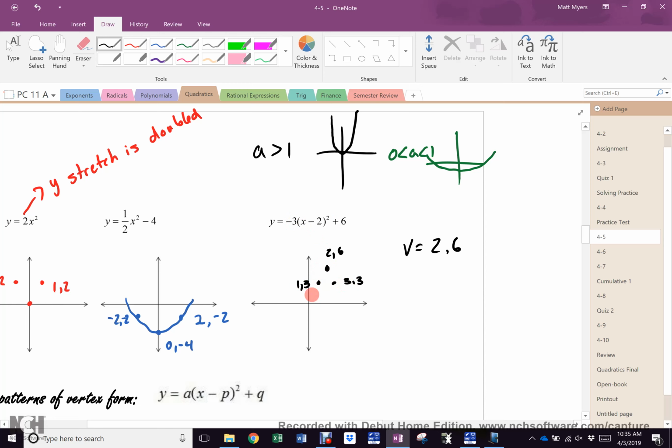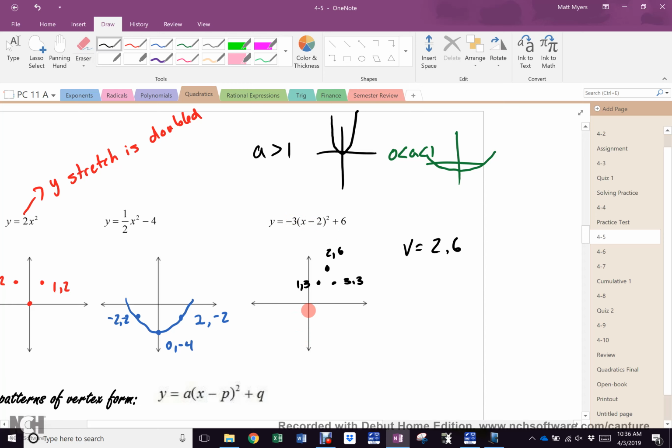What's my fourth point? 0 and what? -3. Is that correct? It should have been over 2 and down how far? 4, right? But that 4 has been tripled. So it should have been over 2 and down 12. So it shouldn't be -3.